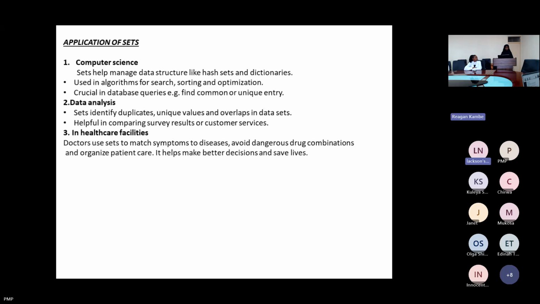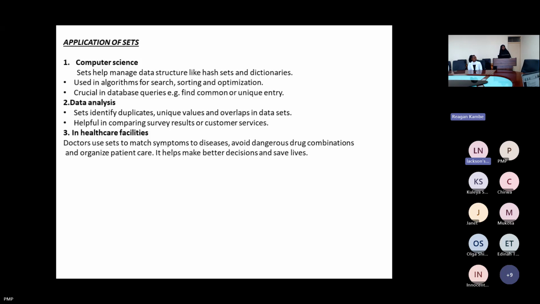Applications of sets. First application of sets is computer science. Sets help manage data structures like hash sets and dictionaries, used in algorithms for search, sorting, and optimization. They are crucial in database queries, for example finding common or unique entries. Second, data analysis.